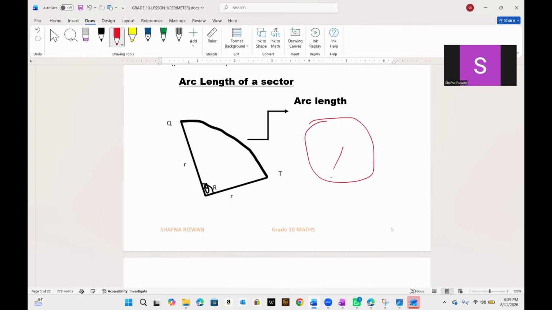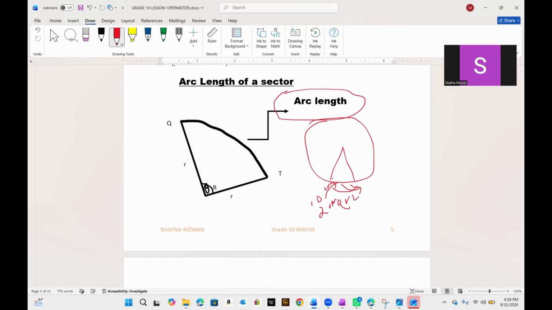Now, when I am taking a sector like this, the curved part, or part of this circumference, is known as your arc. So if this is the arc, and I give any length for this, like 10 centimeters, 2 centimeters, that length of the arc is known as arc length.